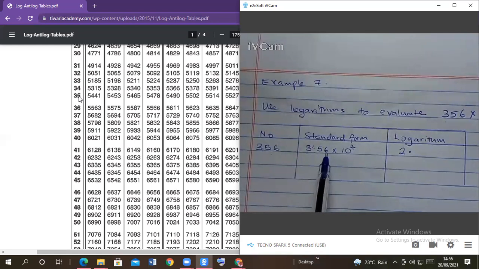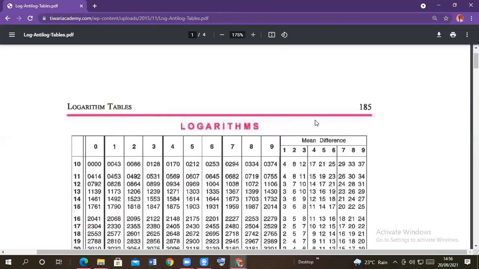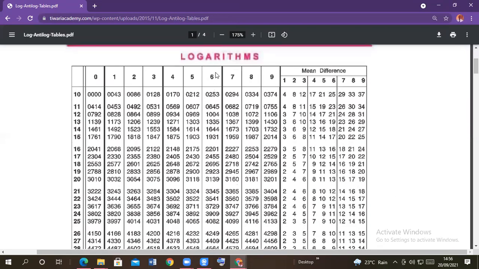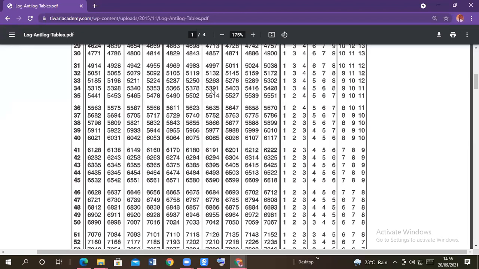Members, go to the column of what? The column of 6. Let me look for that column. This is where the columns are here. 6 is here, where my cursor is. This is the column of 6. So 35. Okay, let me use this tool.